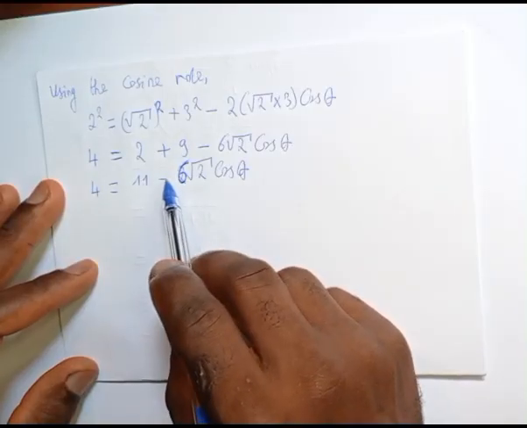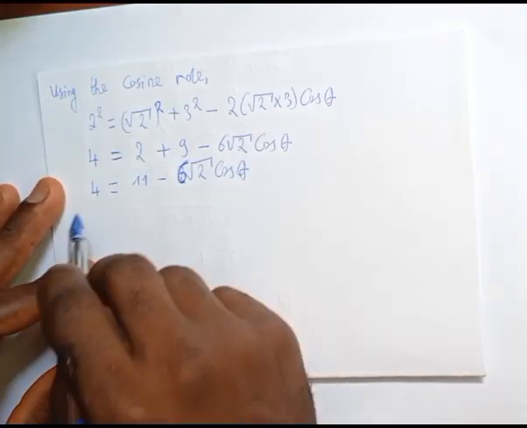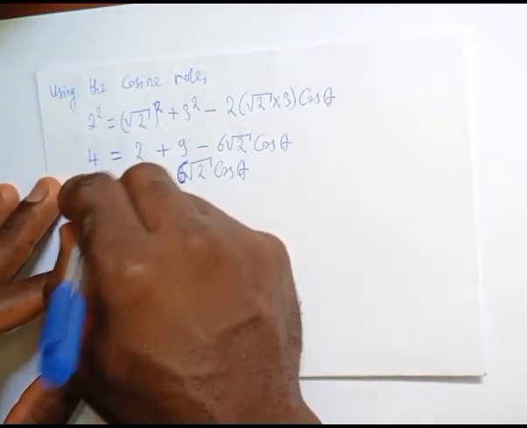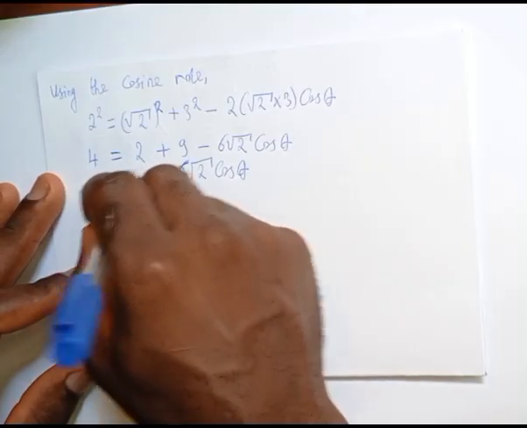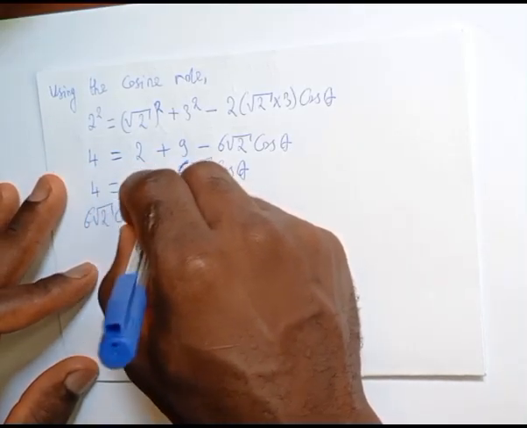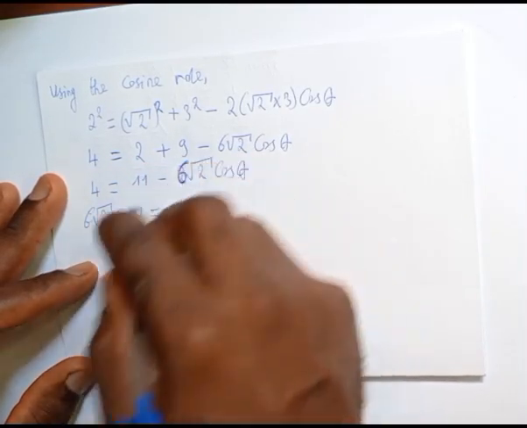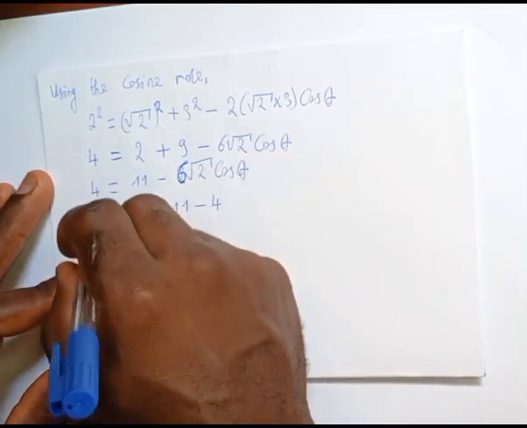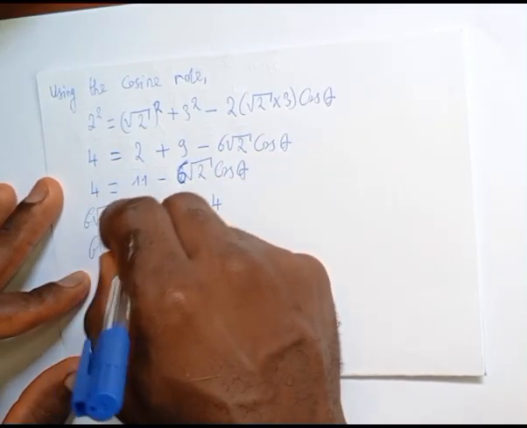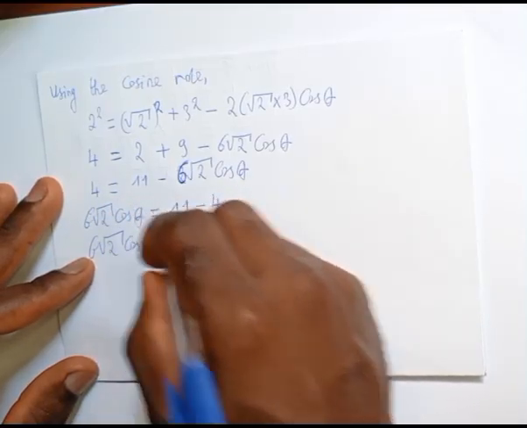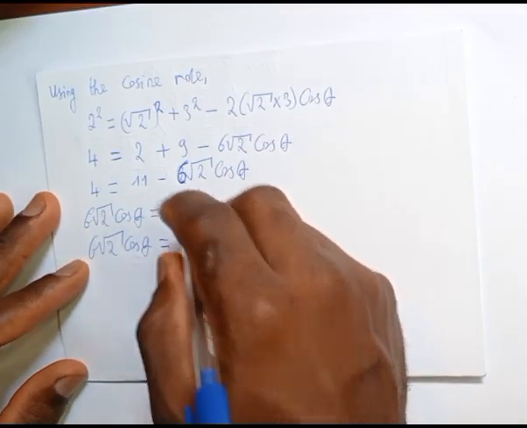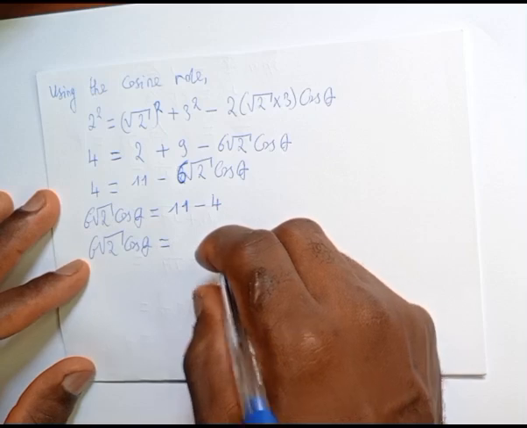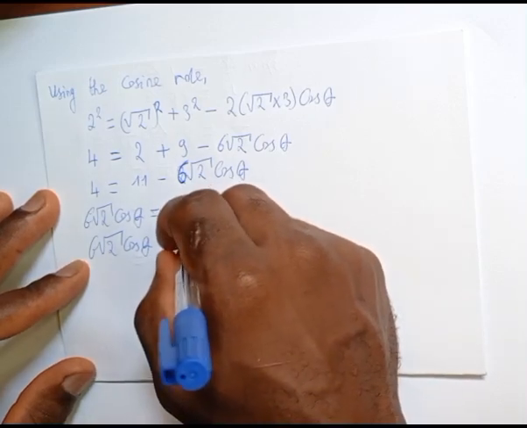We are going to transfer negative 6 root 2 cos theta to the left hand side, which becomes positive. This will give us 6 root 2 cos theta to be equal to 11. We are going to transfer 4 to the right hand side, which becomes negative 4. This will give us 6 root 2 cos theta to be equal to 11 minus 4 gives us 7.